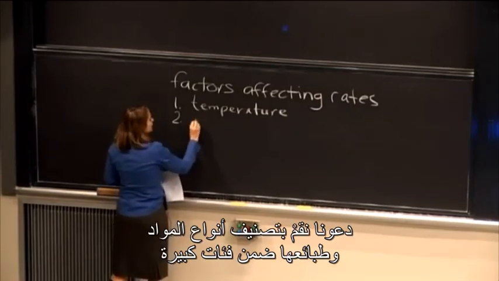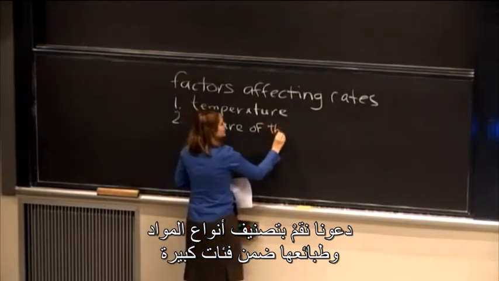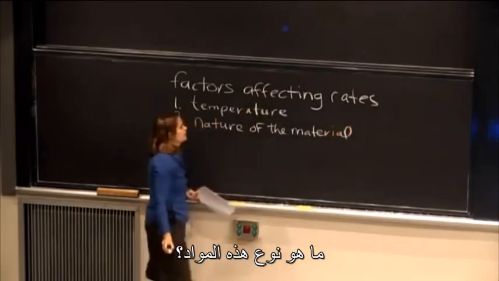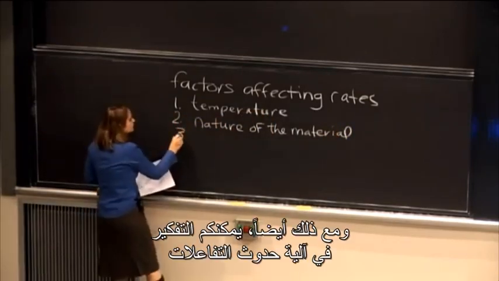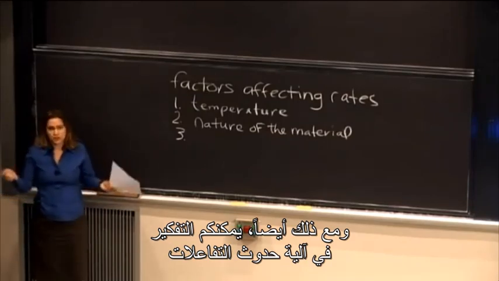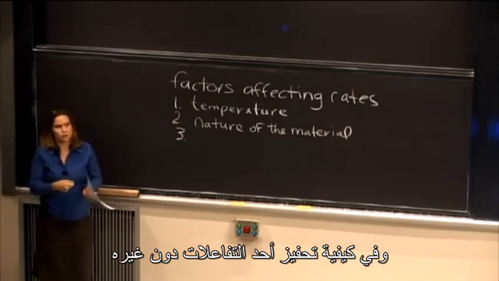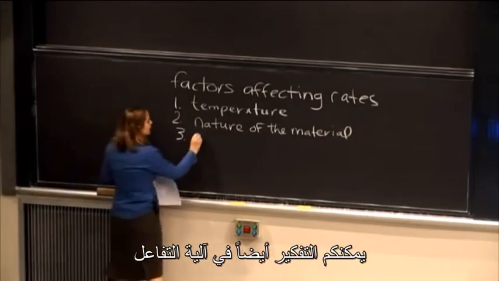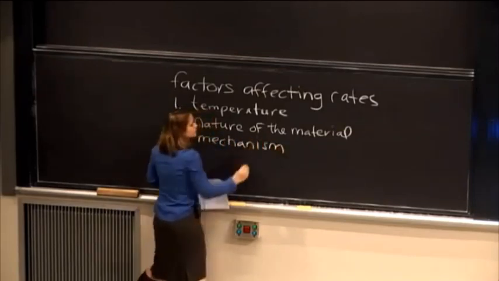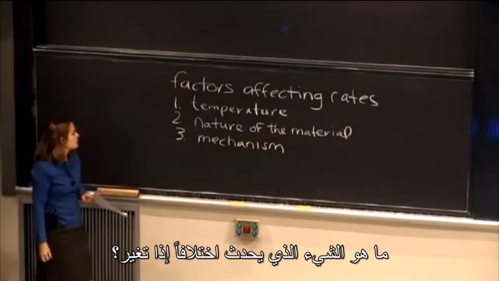So let's make that a bigger category and put nature of the material, what type of material it is. And also along with that, if you're thinking about a particular reaction and how it's going to go and how you might get it to sort of push one way or the other, you're also thinking about the mechanism of that reaction. So what's reacting with what will make a difference.